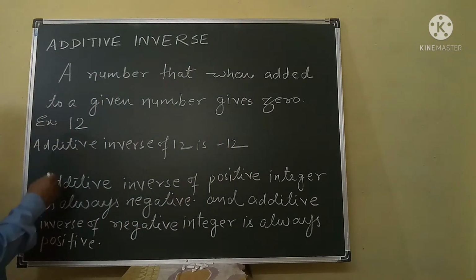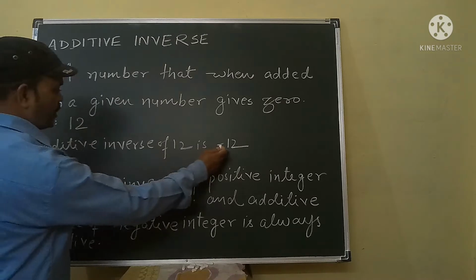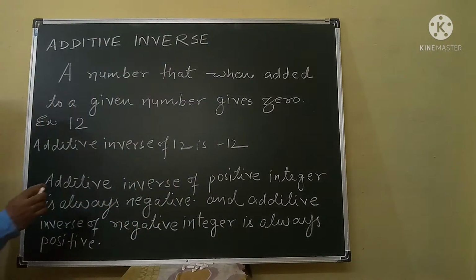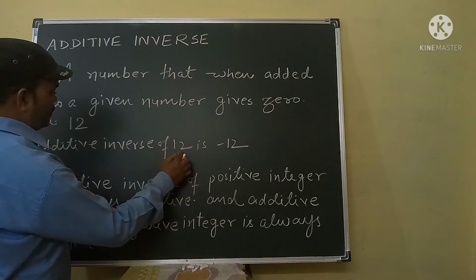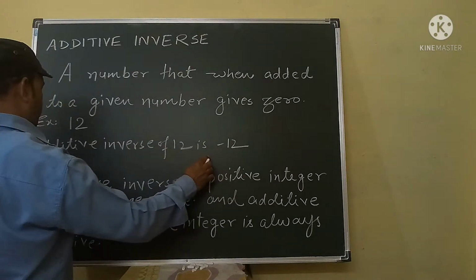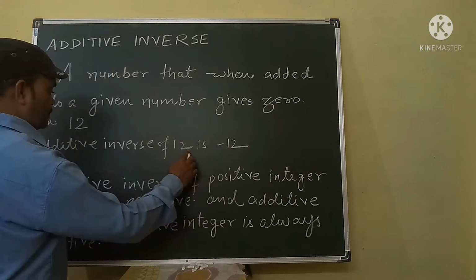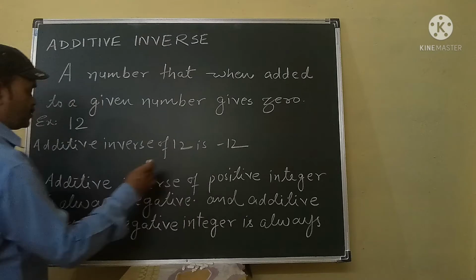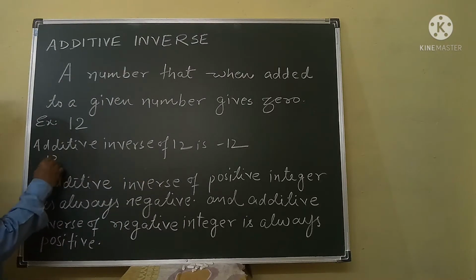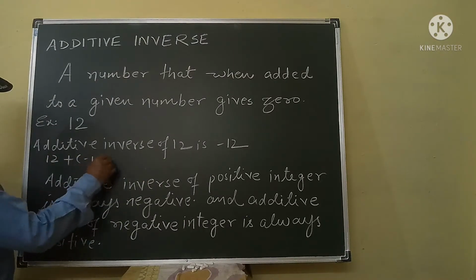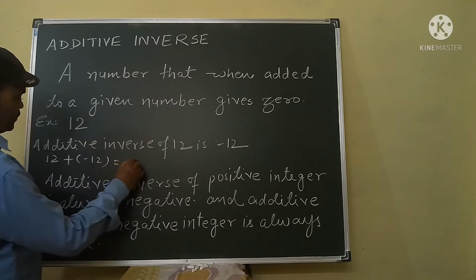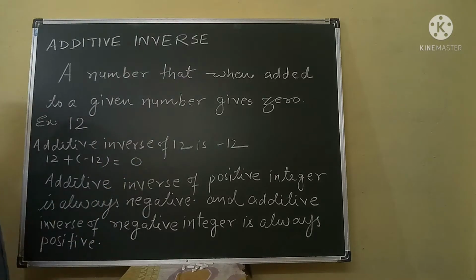And when we add these two integers, 12 plus minus 12, it will give you 0.